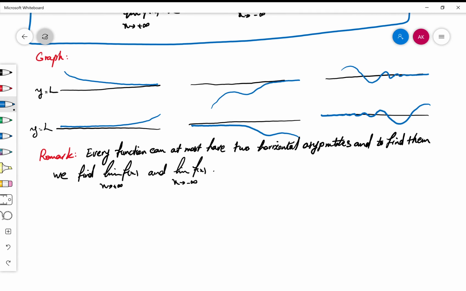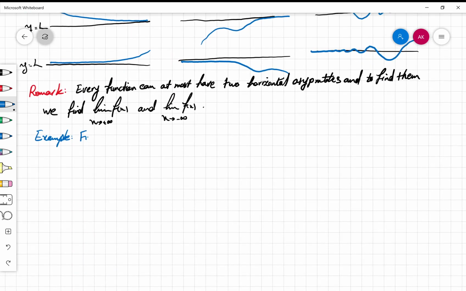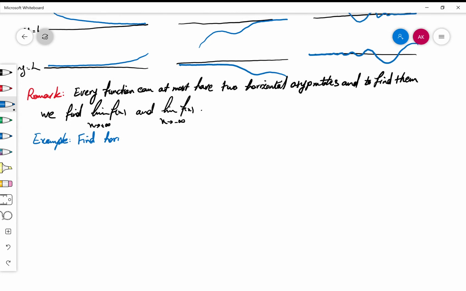Let me do one example before we say more about horizontal asymptotes of rational functions. Let's find the horizontal asymptotes of the function f of x equal to 2x plus 1 over x minus 3.